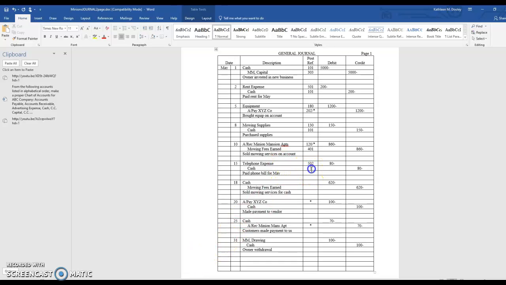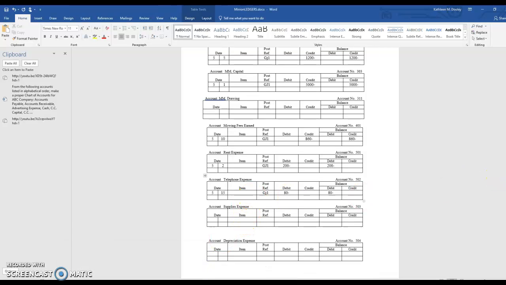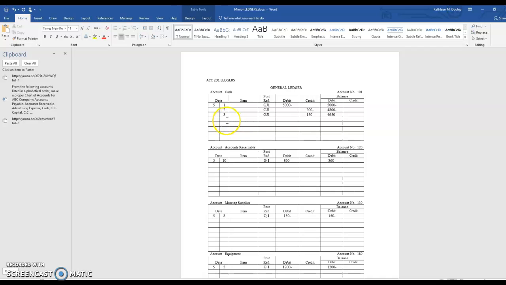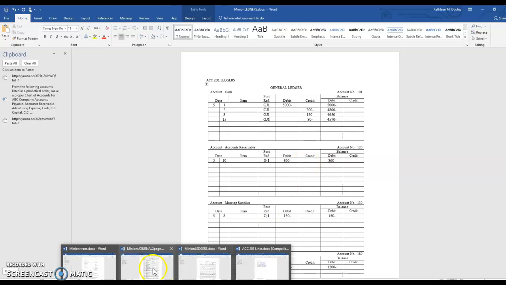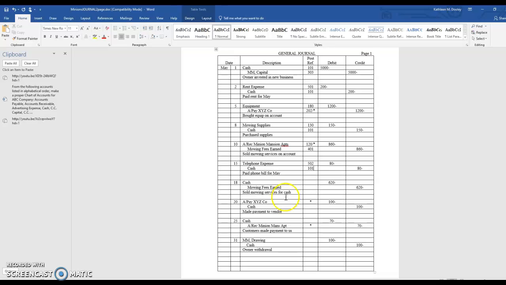And we have a credit to cash for 80 on the 15th. Okay, our previous balance was $4,650 debit. This is a credit for 80. I got to subtract. So that brings me down to $4,570. Still a debit balance though. And that's account 101.